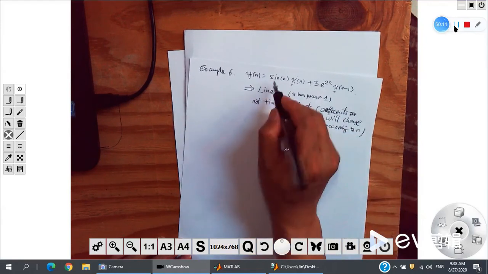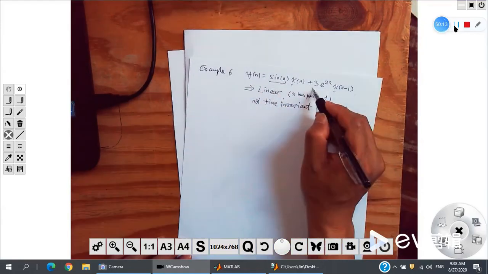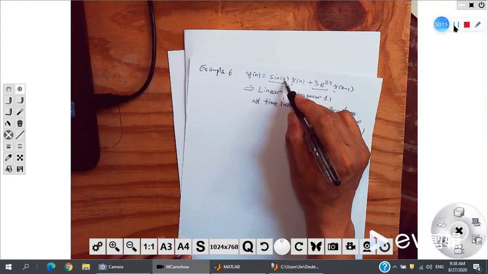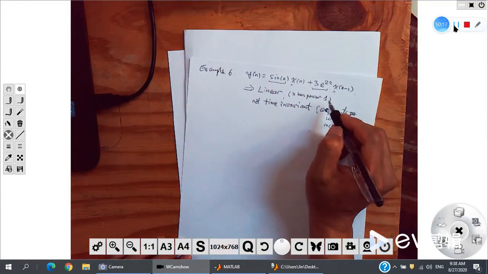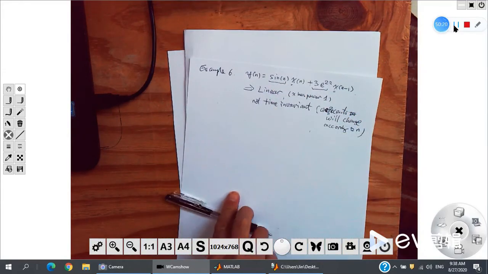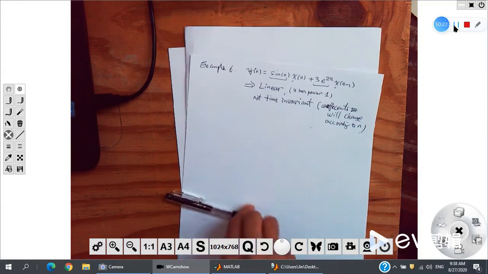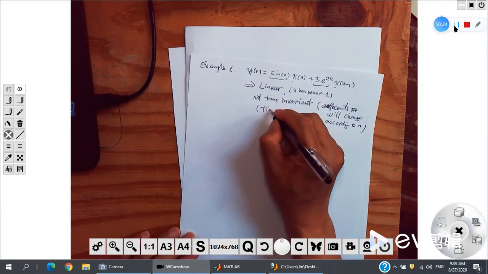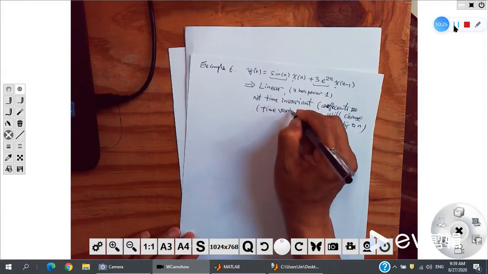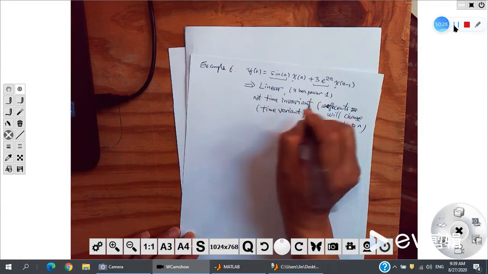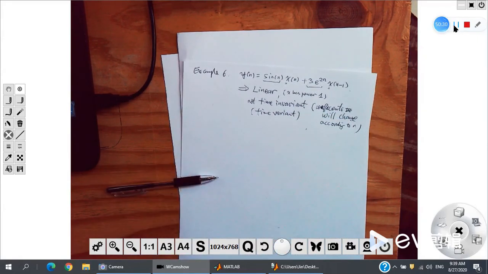You see, this is a coefficient, this is a coefficient. We have n. When n is changing, the coefficient is changing. Then this is not time invariant. It's time variant. This looks like when time changes, the feature of the system is changing. The coefficient is changing. Okay. That's all for today. See you next time.